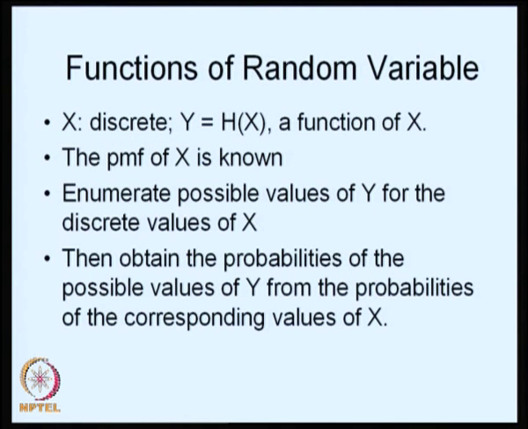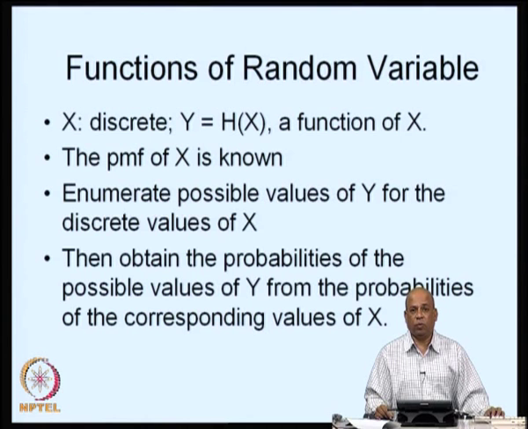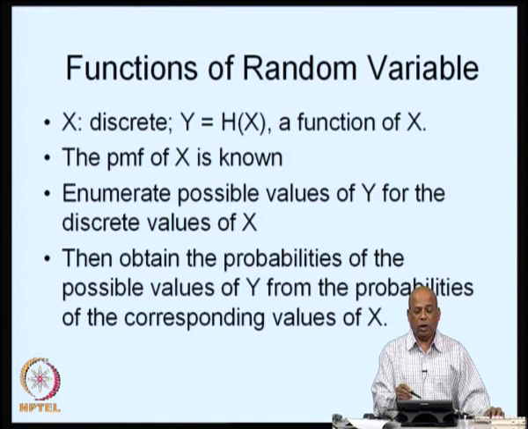So, if you have x as a discrete random variable, which means that x can take on only a finite number of values or countably infinite number of values, and you define a function y is equal to h of x. Because x takes only discrete values, y also takes on only discrete values, and we know the probability mass function of x.